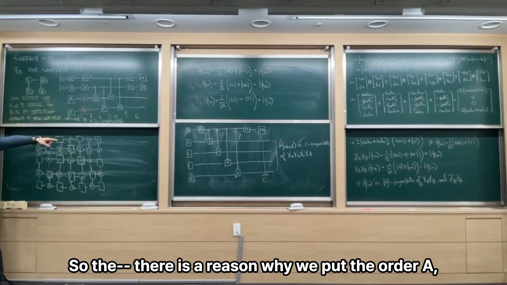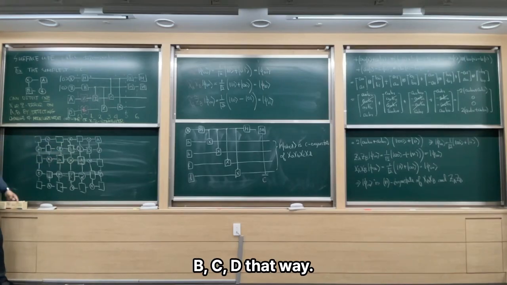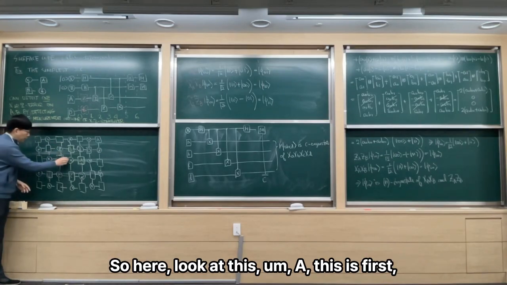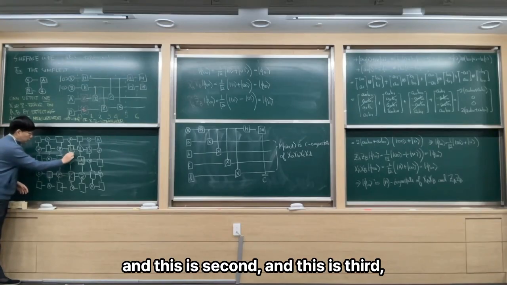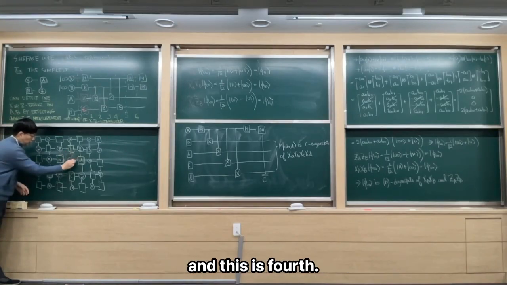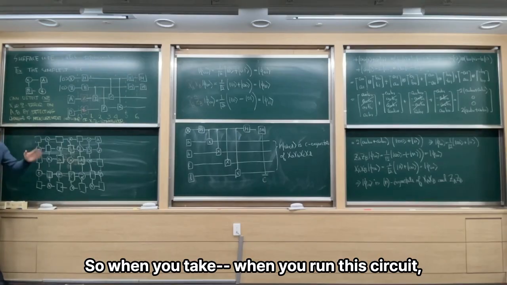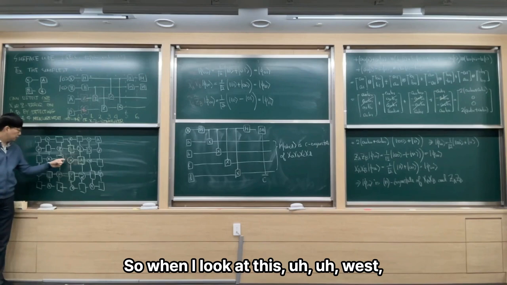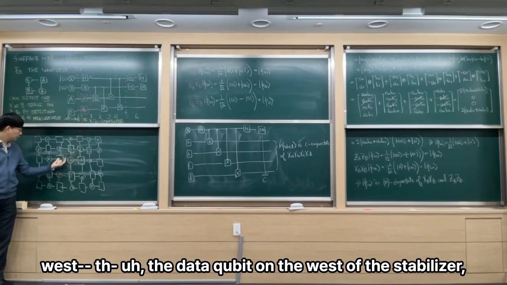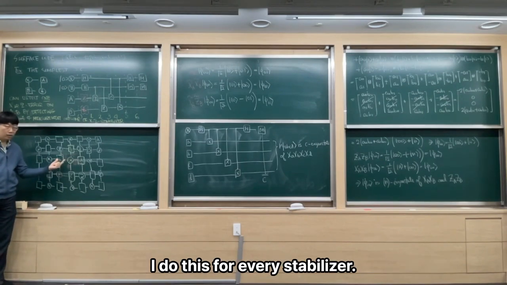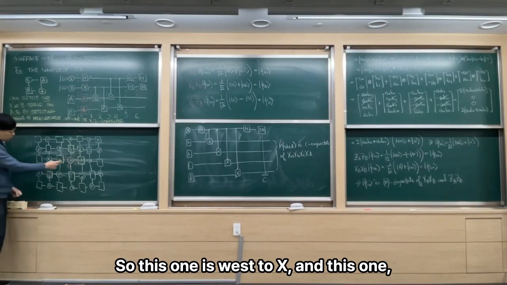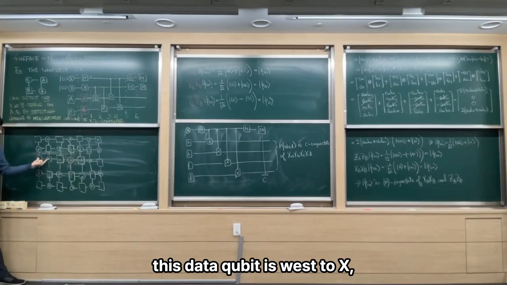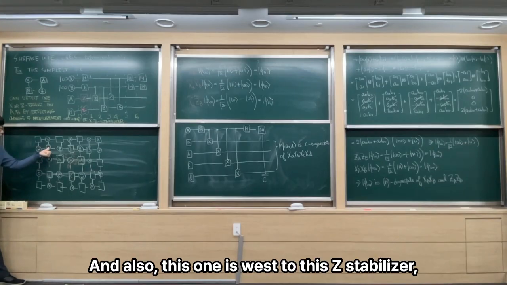There's a reason why we put the order A, B, C, D that way. Look at this: A is first, this is second, this is third, and this is fourth. When you run this circuit, we do it in a synchronized way. For the data qubit on the west of the stabilizer, I do this for every stabilizer. This one is west of this X stabilizer, and this one is west of this Z stabilizer, and here.